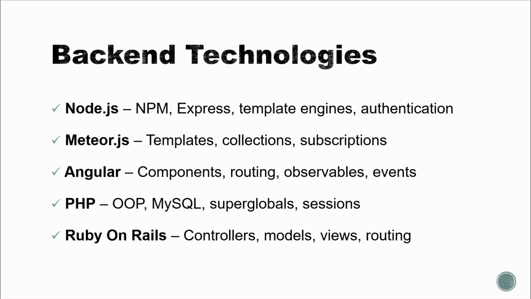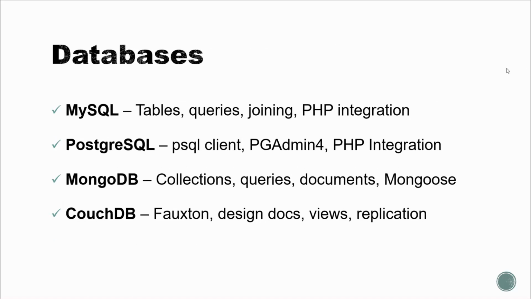PHP, we'll talk about all the basics of PHP and then move on to object-oriented programming. We'll integrate MySQL, we'll talk about superglobals, sessions, cookies, and we'll build an application there as well. Ruby on Rails, we'll talk about the whole MVC framework, controllers, models, views, and also routing, and we'll build a blog in Ruby on Rails as well.